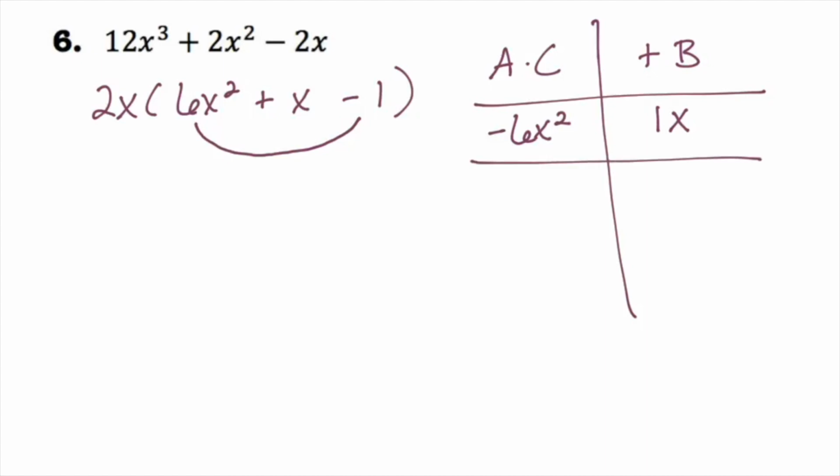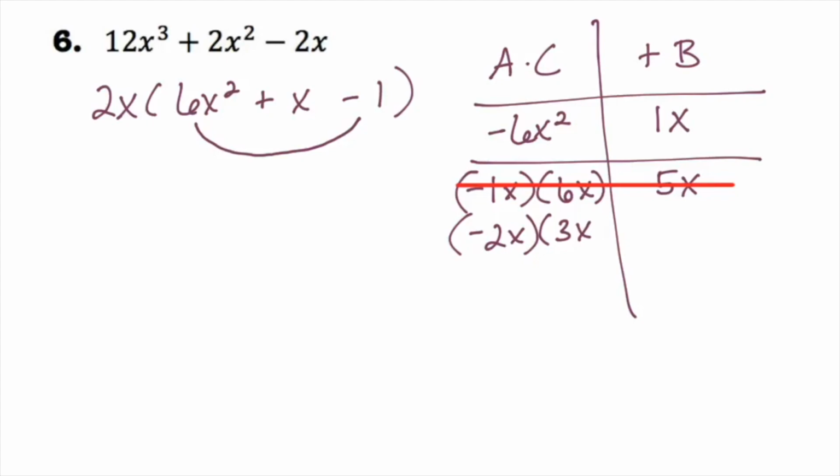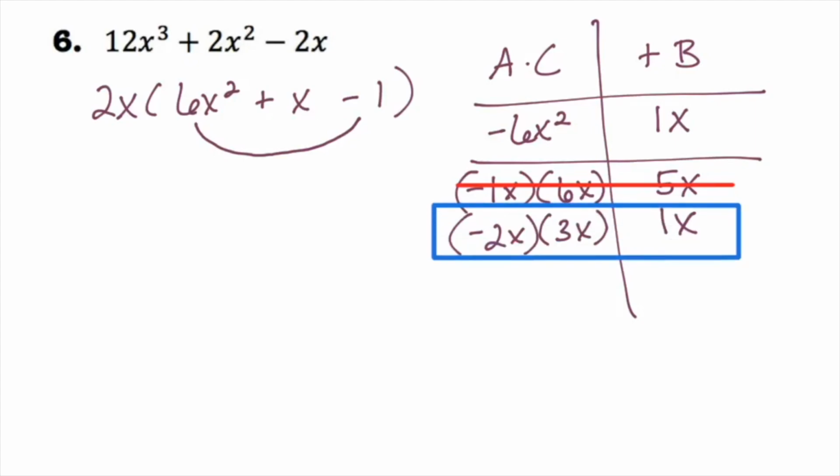So if you list everything that multiplies to be negative 6x squared, you've got negative 1x times 6x. And negative 1x plus 6x is 5x. So that doesn't work. And then you have negative 2x times positive 3x. And negative 2x plus 3x is a positive 1x. So there's our answer right there.